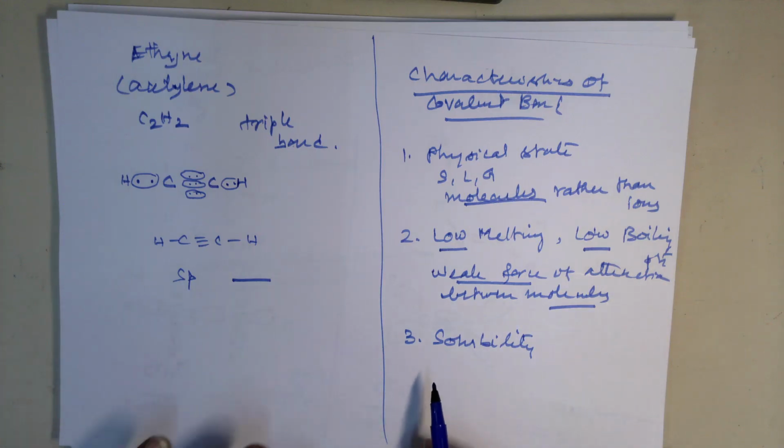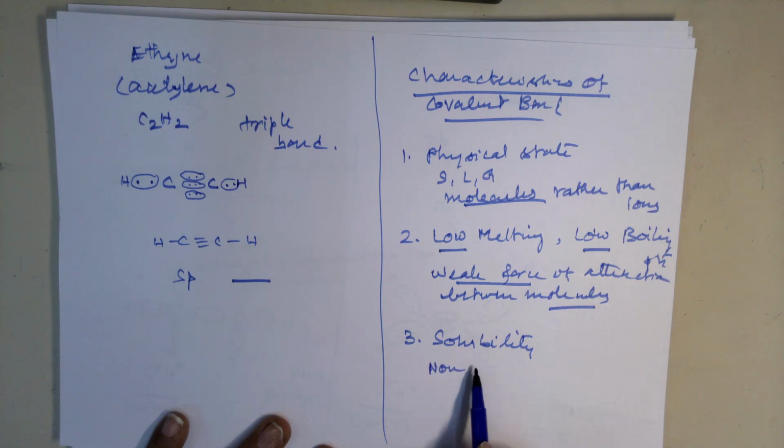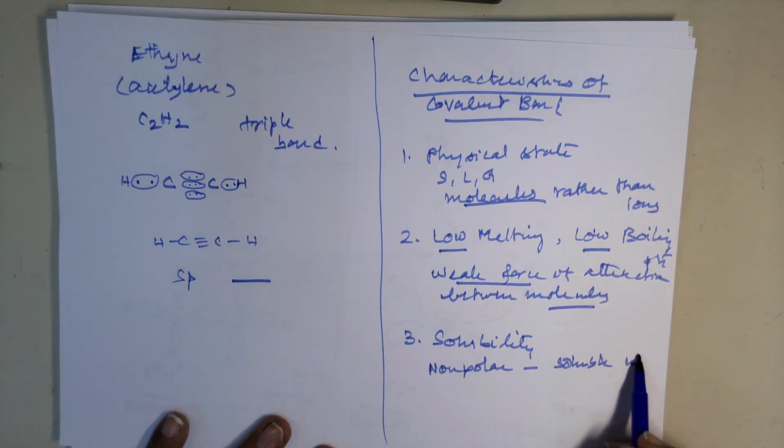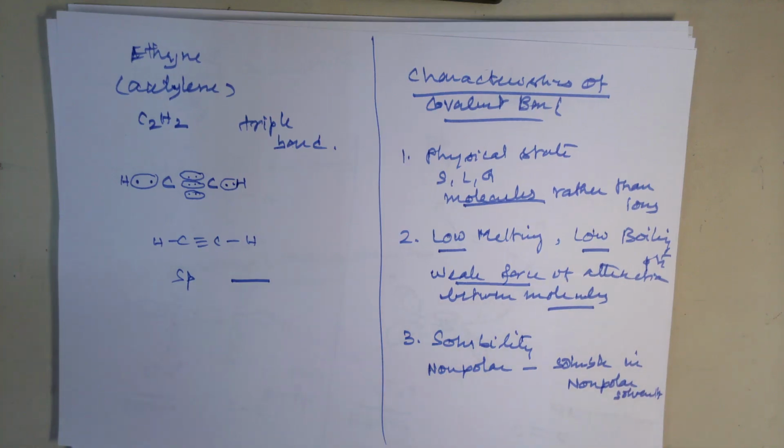Now, as I already mentioned, they are non-polar. Since they are non-polar, they are soluble in non-polar solvents only. Examples of non-polar solvents are benzene, toluene, xylene, etc. These are all petrochemical compounds. Carbon tetrafluoride.